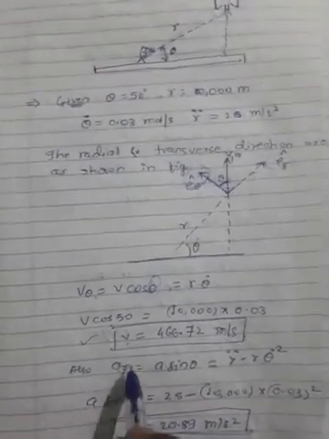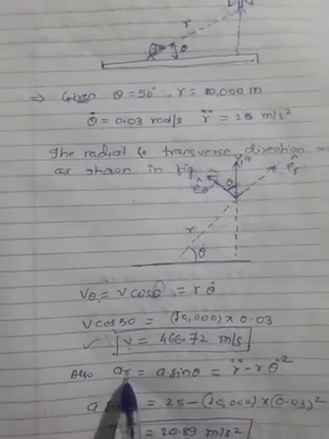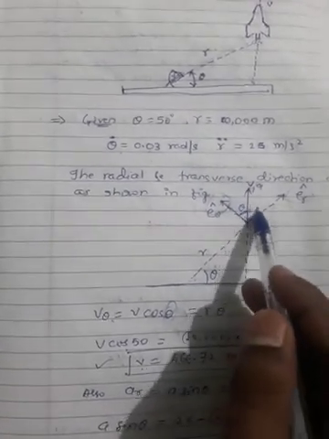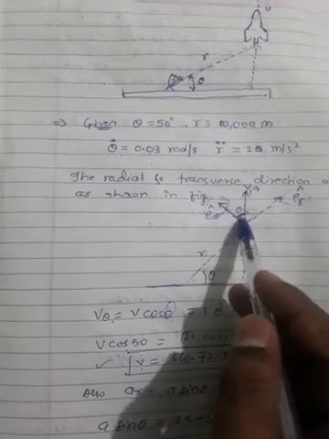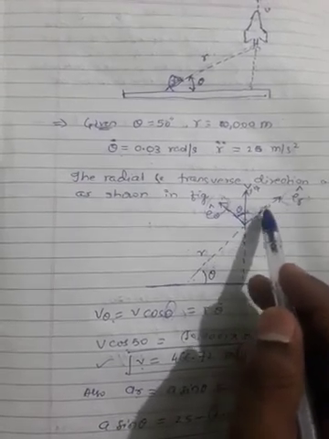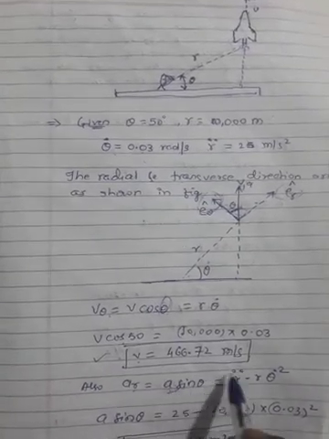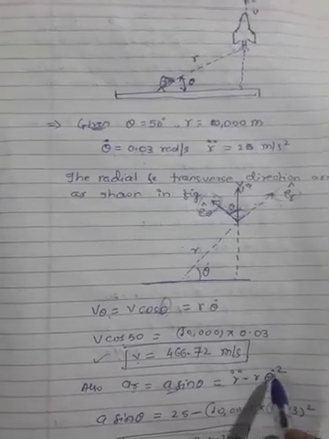From this I have calculated the velocity v. Next I am using a_r, meaning acceleration in the radial direction. The acceleration in the radial direction makes an angle theta with this, so it will become a sin theta, equal to r double dot minus r theta dot square.